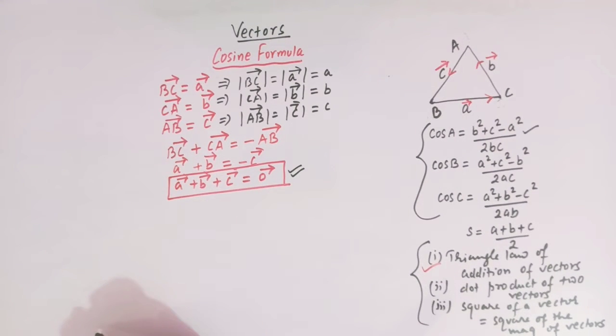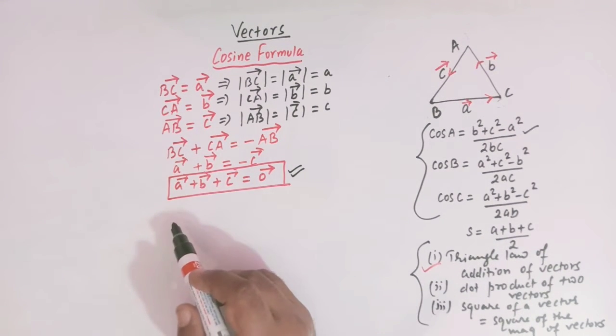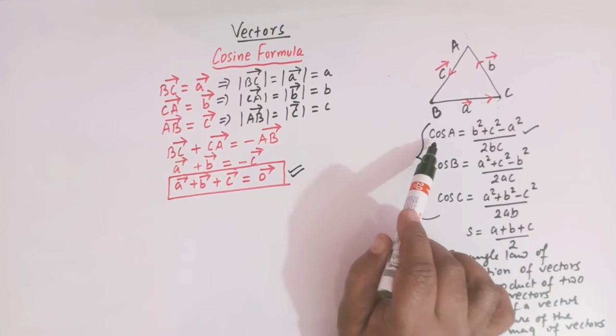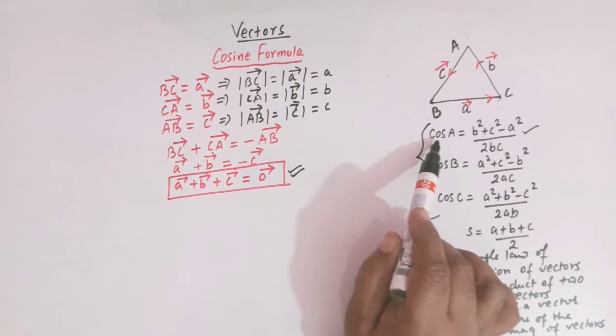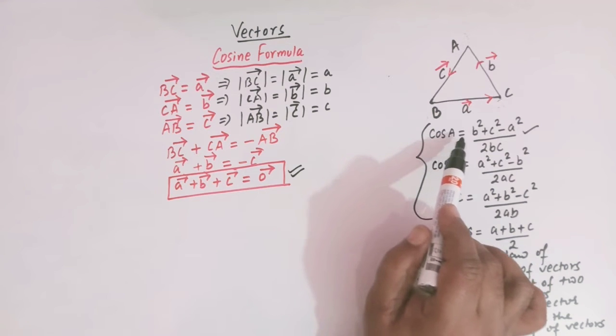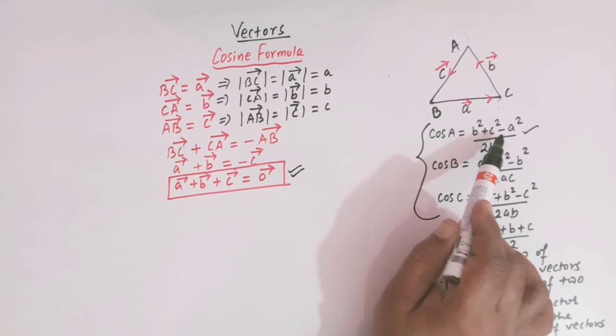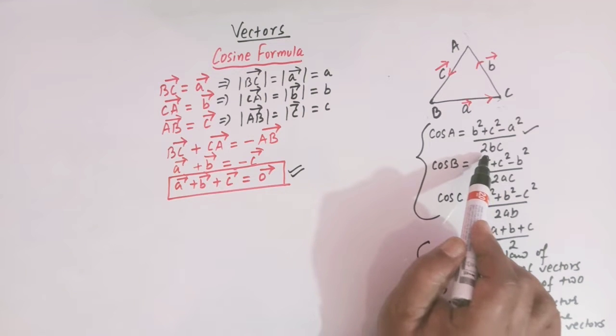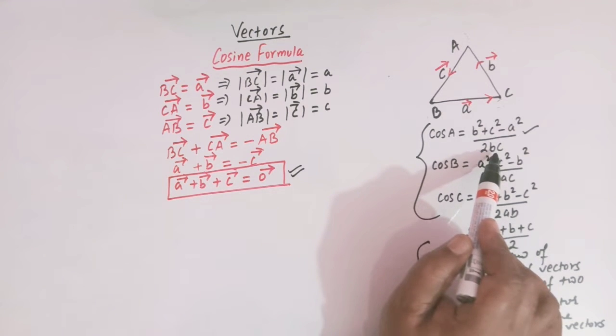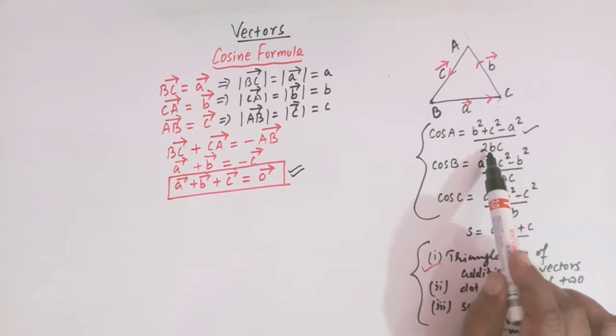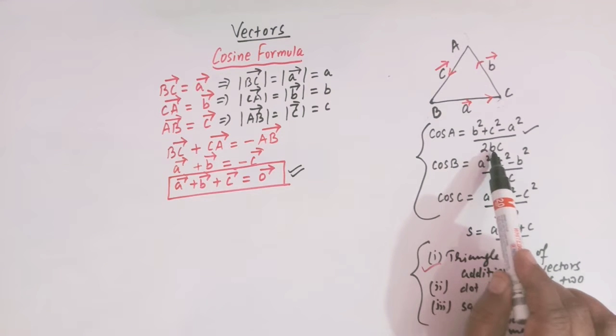In this lecture we are going to derive only one of them: cos A is equal to b square plus c square minus a square divided by 2bc. Here the denominator has the product of b and c.